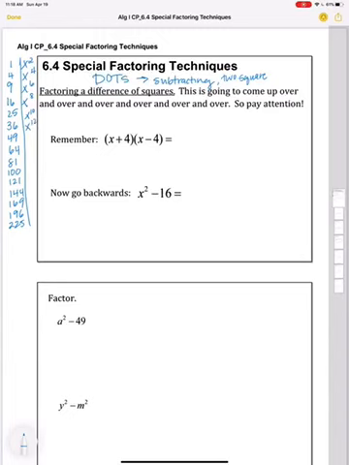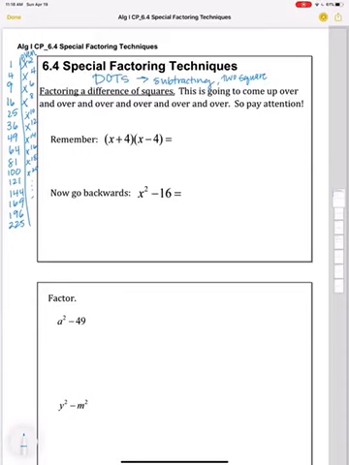X to the 12th, 14th, 16th, 18th, 20th, and so on. Are 2 and 4 and 6 and 8 and all of those exponents perfect squares? No. But what are all of them? They are all even exponents.